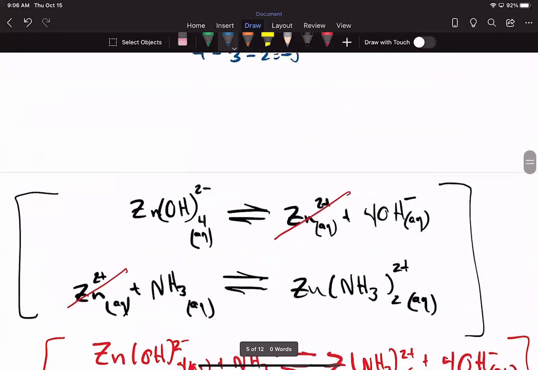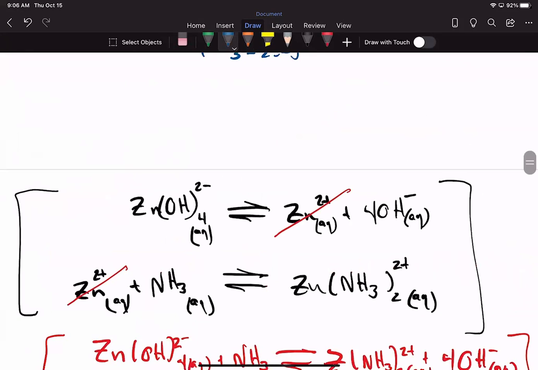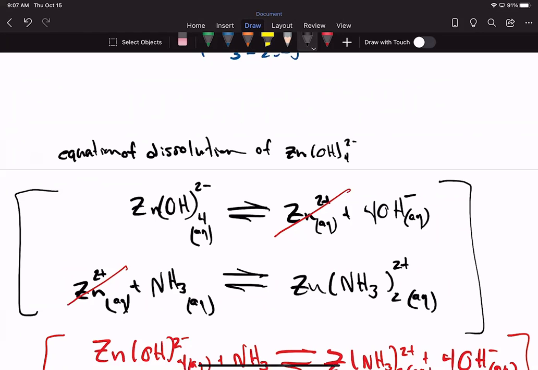So here, I should probably write something. Let me write kind of a title for this one. We'll say this is the equation of dissolution of zinc hydroxide in ammonia, right?